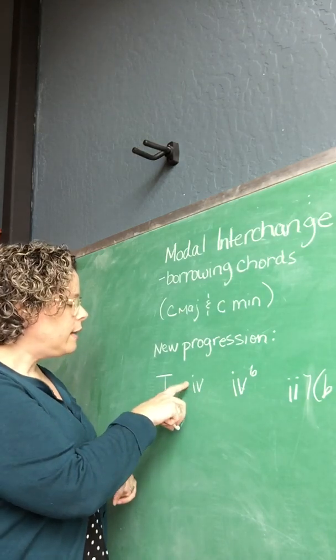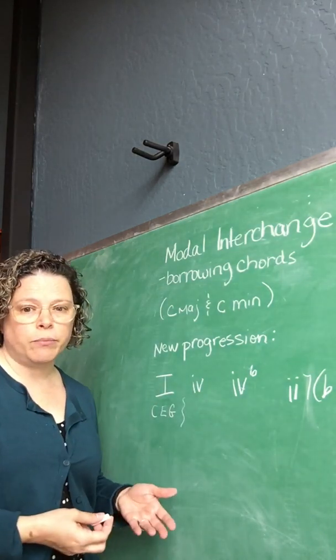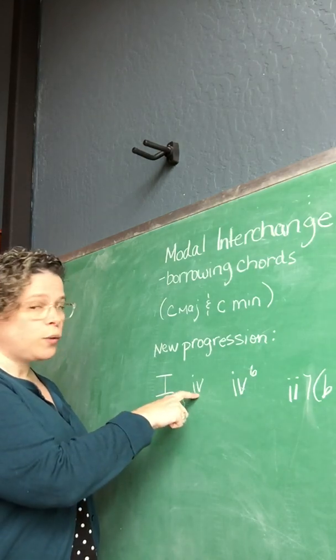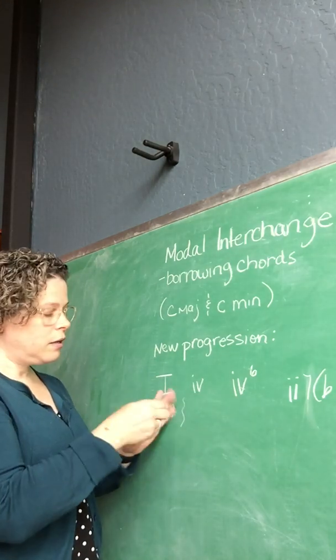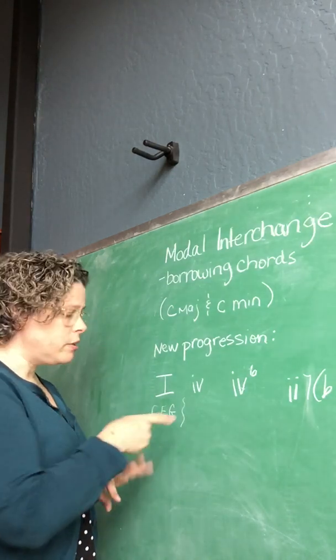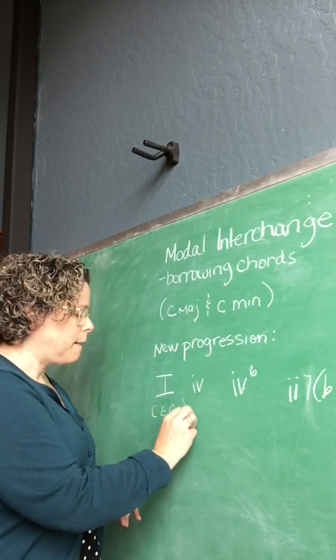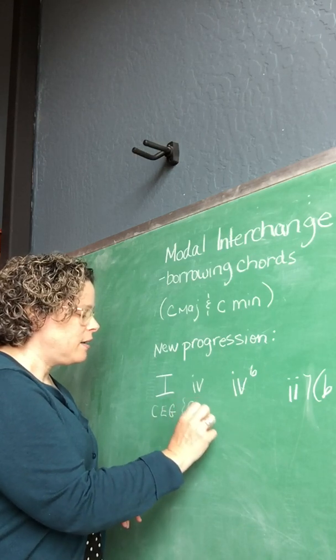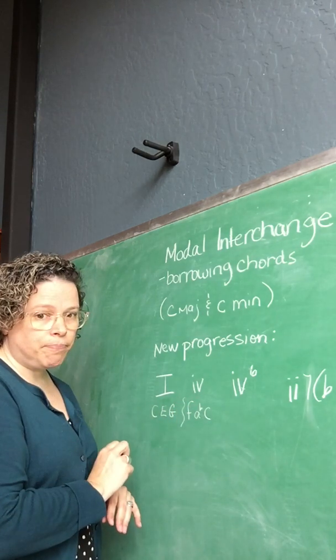Now notice I labeled it lowercase to help me remember later that this is minor. So a minor 4 chord in the key of C, 4 is C, D, E, F. So I'm going to build an F minor chord right here, which is F, A flat, and C.